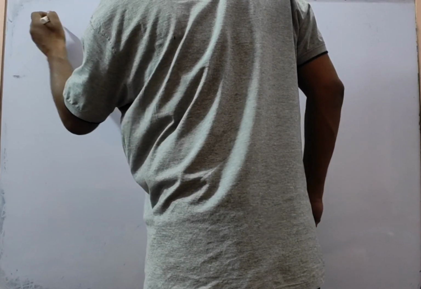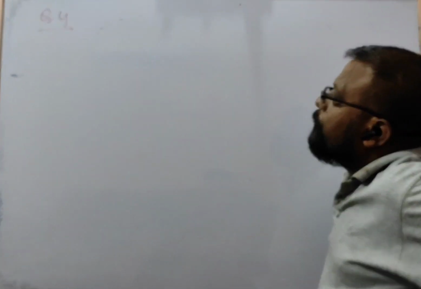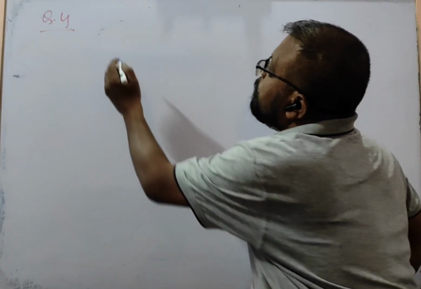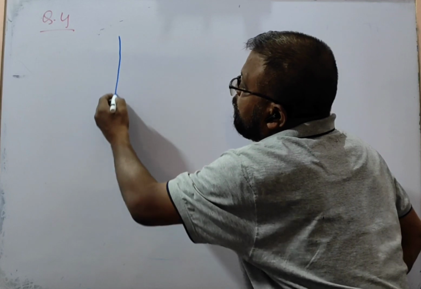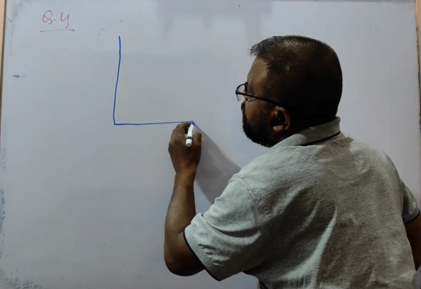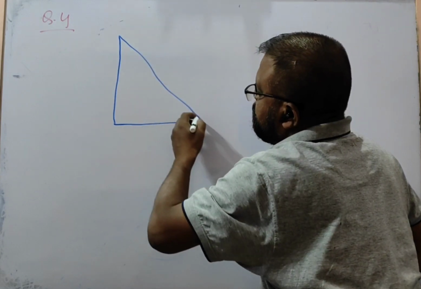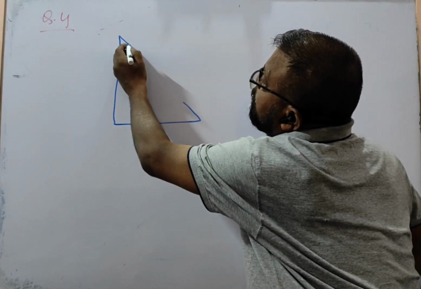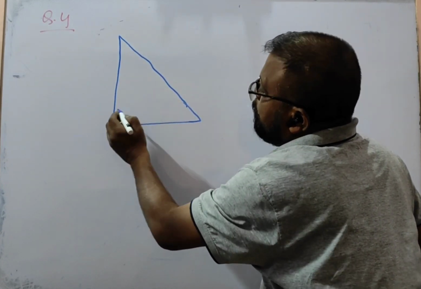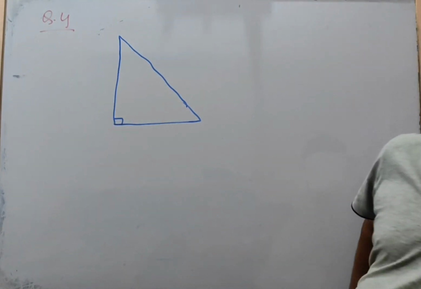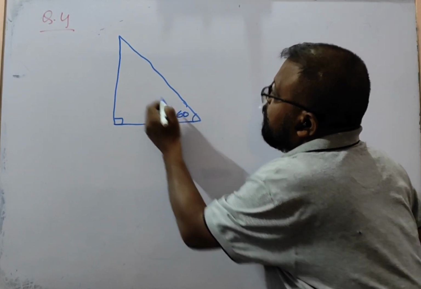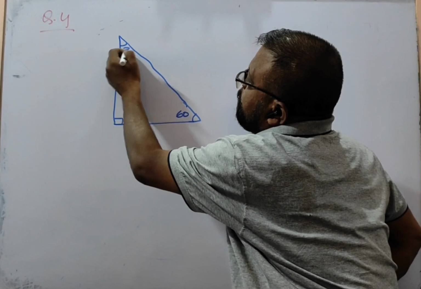Now we have question number 4, right? And question number 4 is like that: there is a right angle triangle, right? Like this. This is of 90 degree, right? This angle is of 60 degree, and this angle of 30 degree, right?